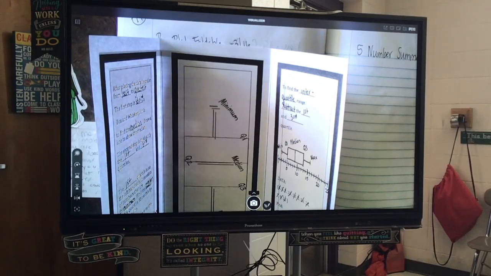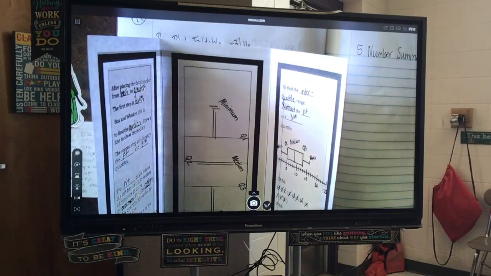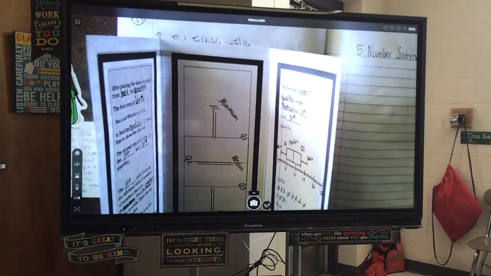Alright, so moving on to some practice for the 5-number summaries. Yes, you must use a different color.